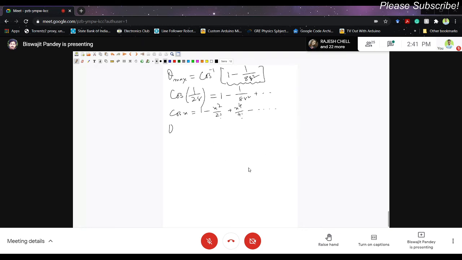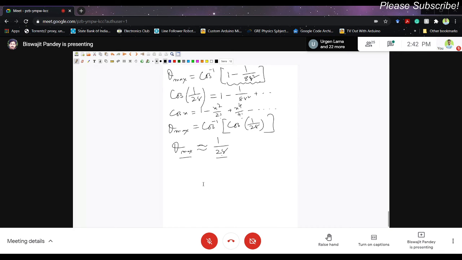So theta max equal to cos inverse of cos of 1 by 2 gamma. So this is basically theta max equal to 1 by 2 gamma. Very simple to remember. You don't need to remember all that square root 1 by 3 beta and all those numbers. Very simple formula. So the direction along which the maximum power will be emitted is simply given by 1 by 2 gamma.